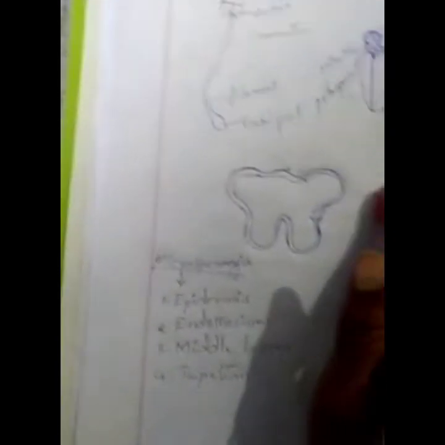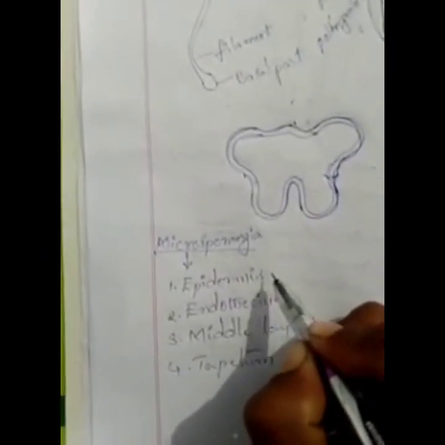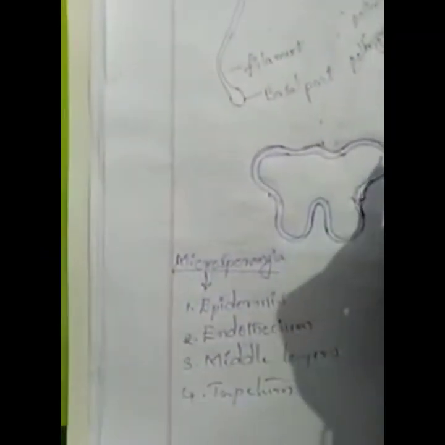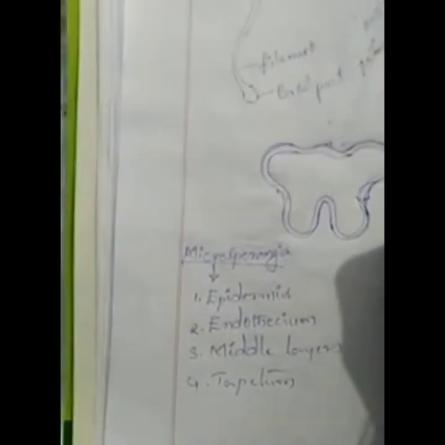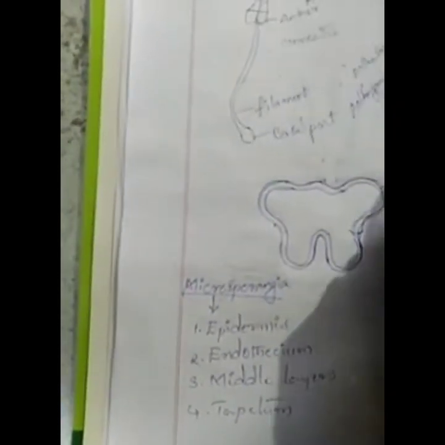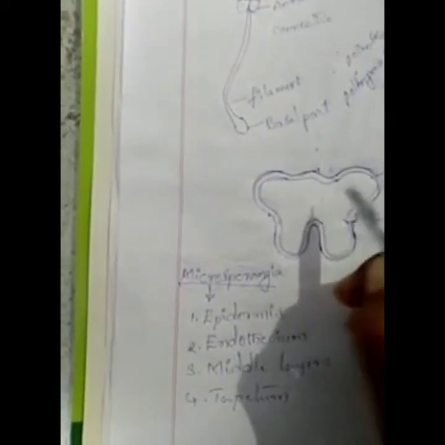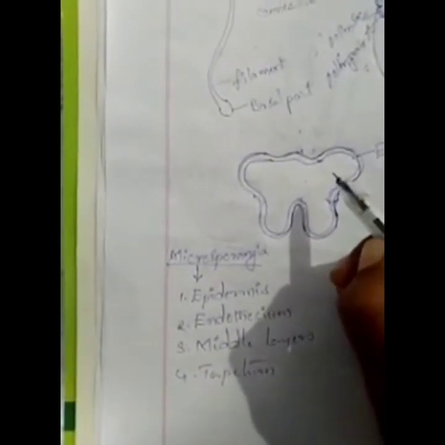And this is in a uninucleate condition. The epidermis is uninucleate and single layered. And inner to this epidermis, the presence of another layer we call the endothecium.